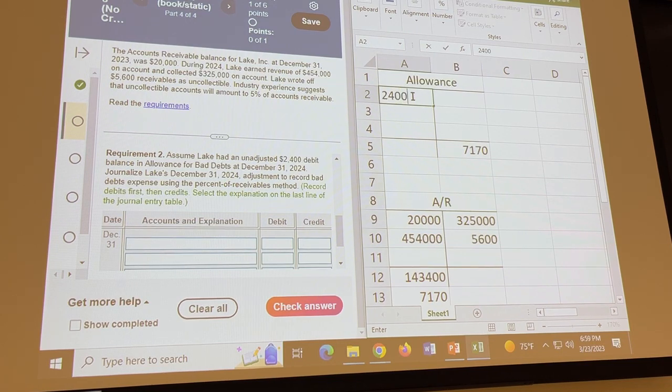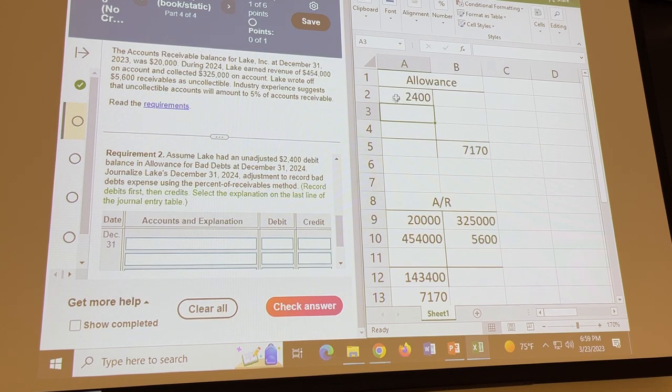So don't always assume that the allowance account has a credit balance. Sometimes it has a debit balance. If it has a debit balance, what that really means is they actually wrote off more accounts than they estimated they would have to write off when they set up the allowance.